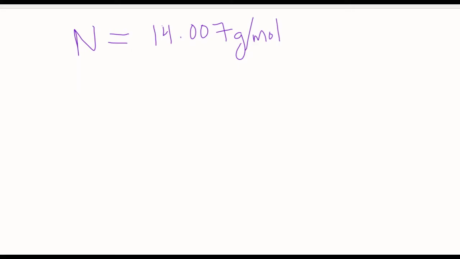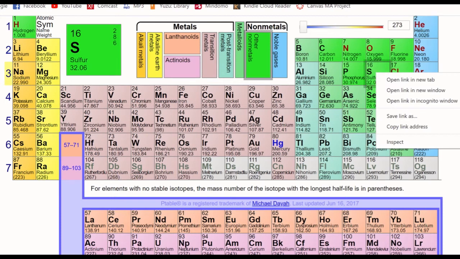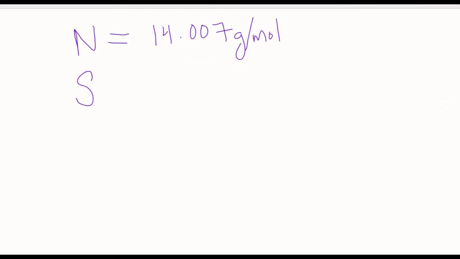Let's look at a different element. Let's look at sulfur. Sulfur is over here, right? Sulfur's molar mass is 32.06, and that's coming from right here at the bottom. So those are molar masses. Those are just for simple elements.